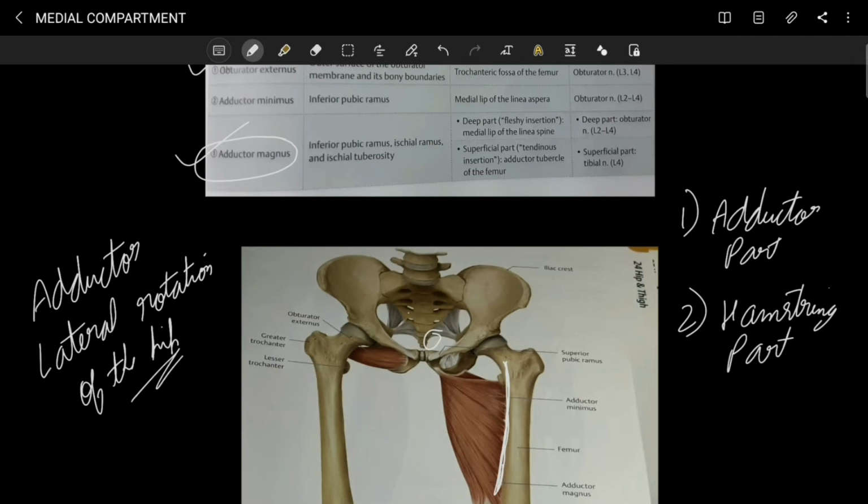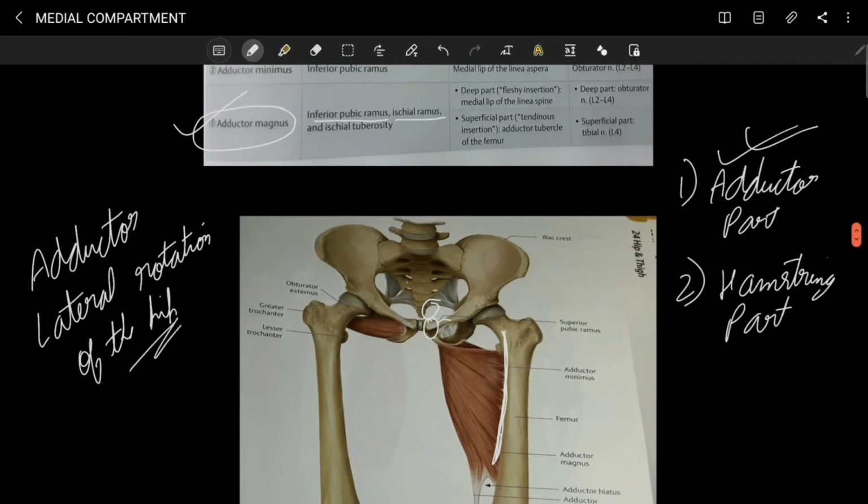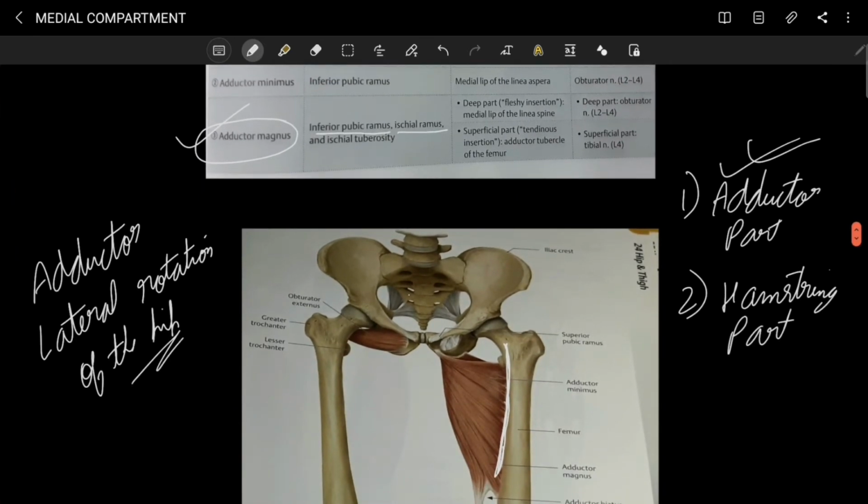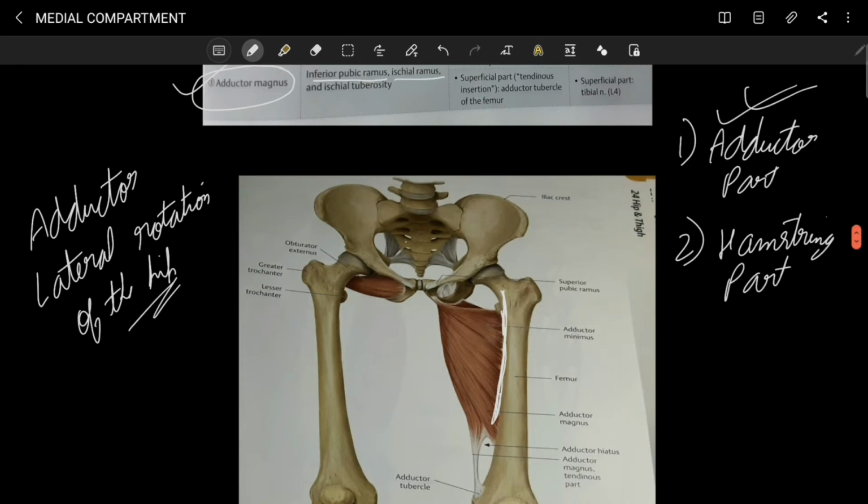The origin of the adductor part is the inferior pubic ramus and the ischial ramus. Alright, it is inserted into the femur, the linea aspera of the femur, more specifically the medial lip of the linea aspera of the femur, right here.